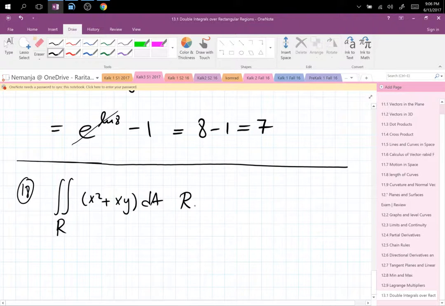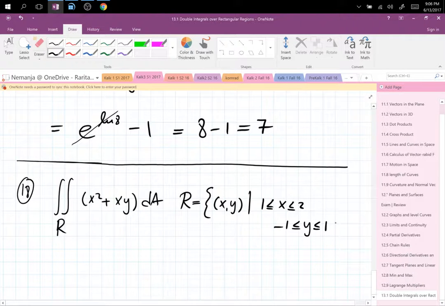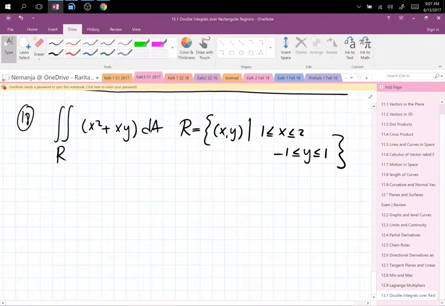Now here's your rectangular region R, given as all of the set of points x, y, such that, this is 18, 1 less equal than x less equal to 2. And -1 less equal than y less equal than 1. So I will suggest you to draw the region and then set it up.